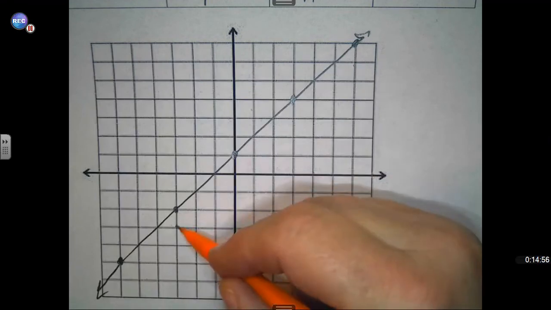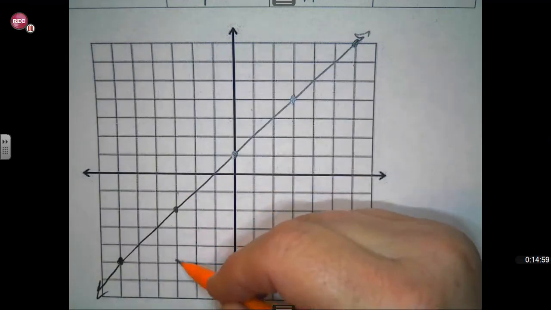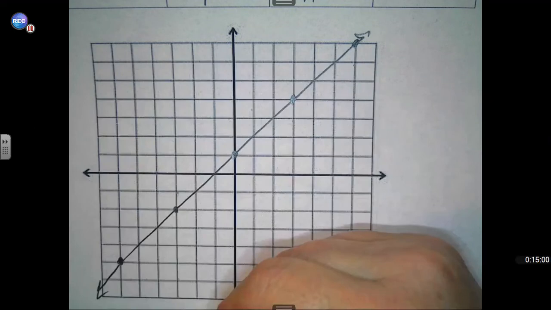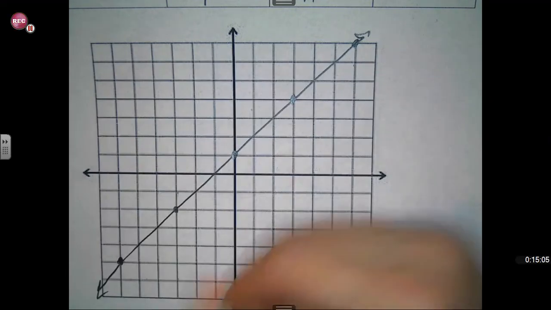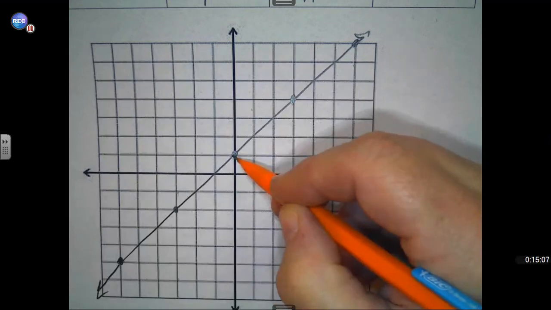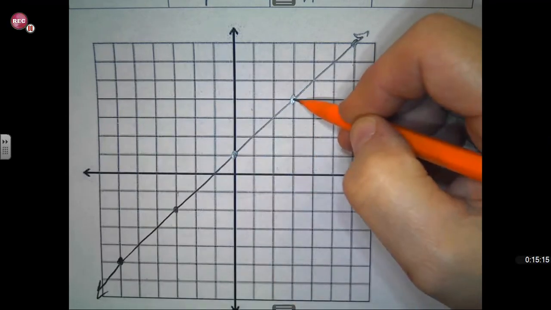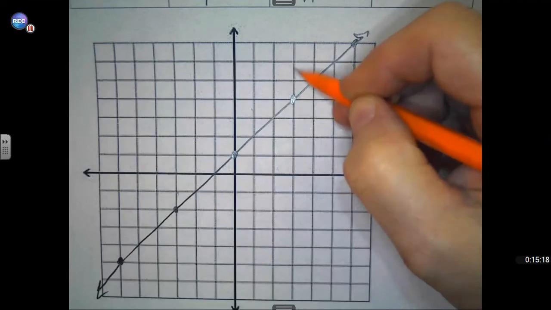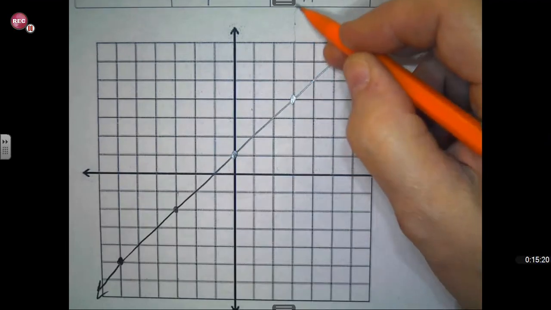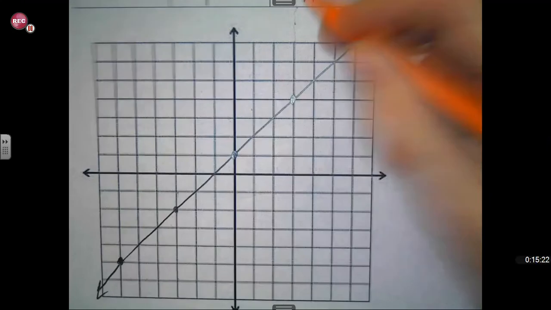-3, -8, right about there, and then 0, 1 as we said, then 3, 10, 9 up here somewhere.